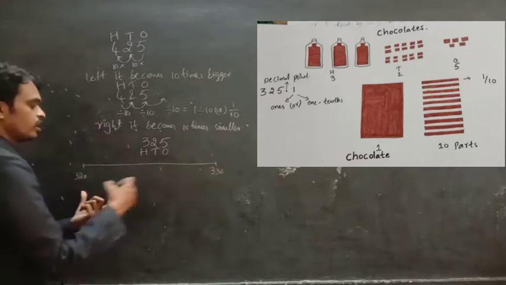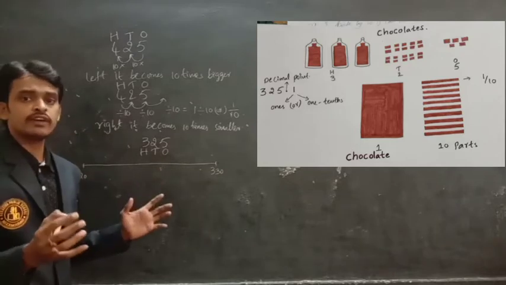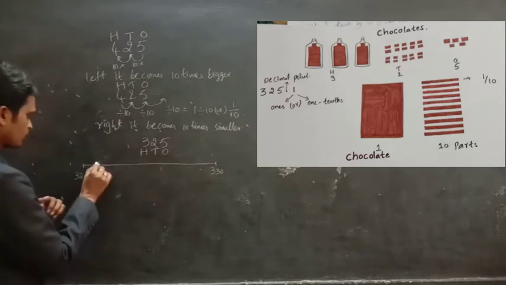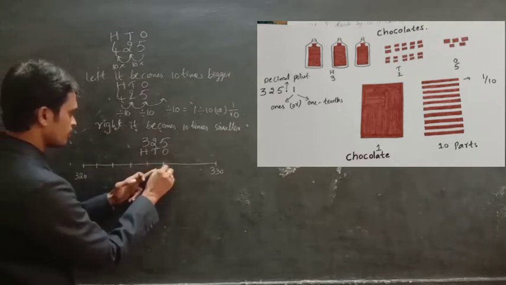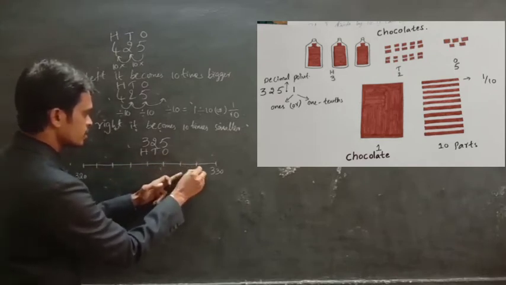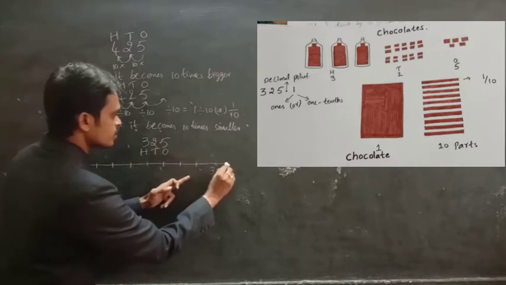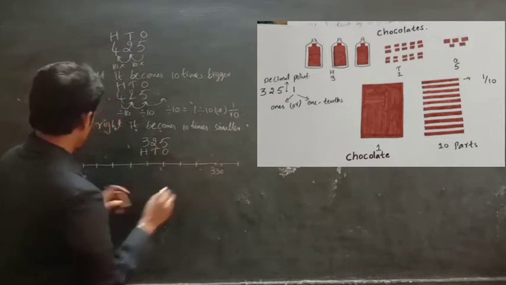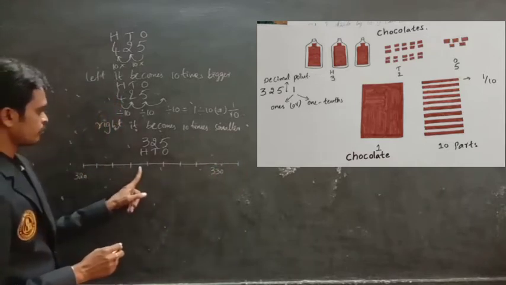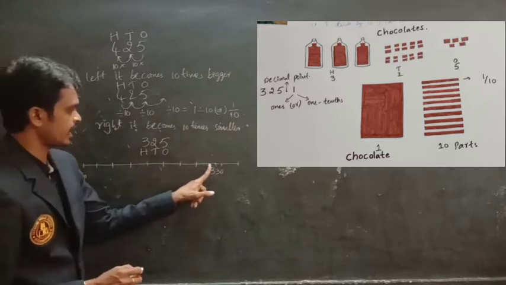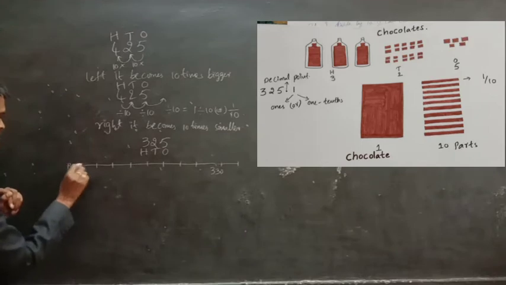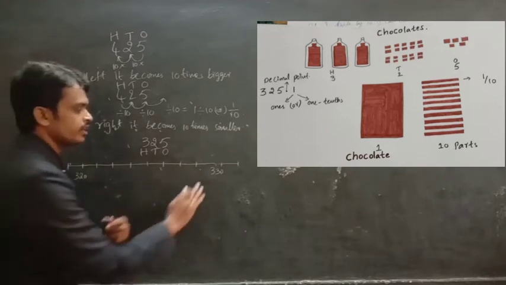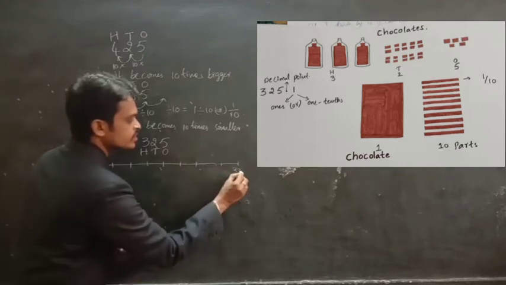So this we will divide into 10 equal parts. Always it will be 1, 2, 3, 4, 5, 6, 7, 8, 9, and it will divide into 10 equal parts.